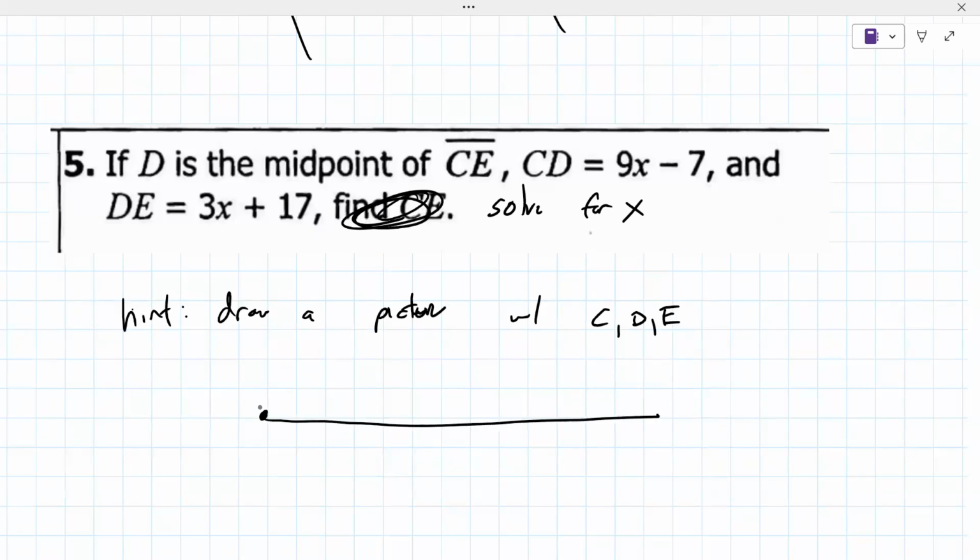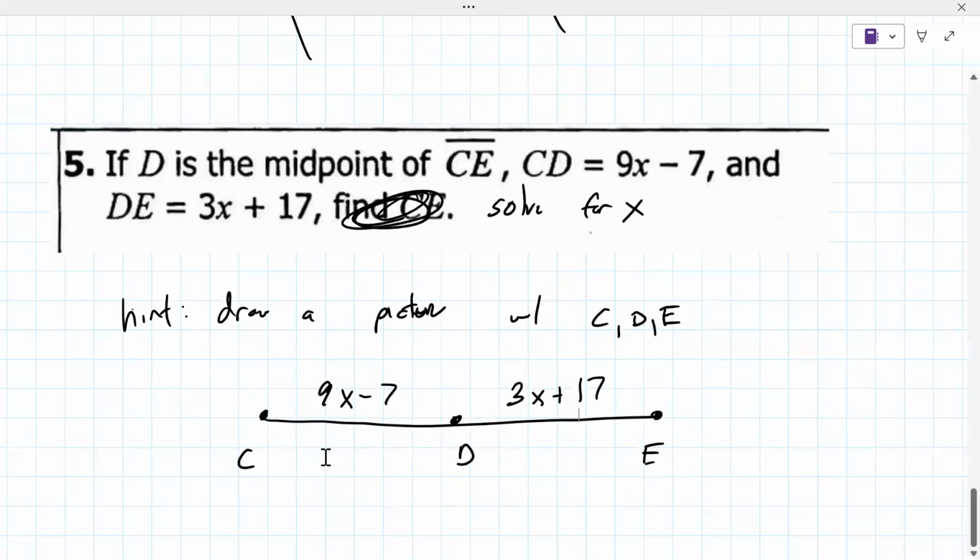So it doesn't really matter what you draw, but this is C, this is E, and this is D. Meaning it doesn't matter how long it is, if it's bigger, smaller, whatever. C to D is 9x minus 7, and D to E is 3x plus 17.